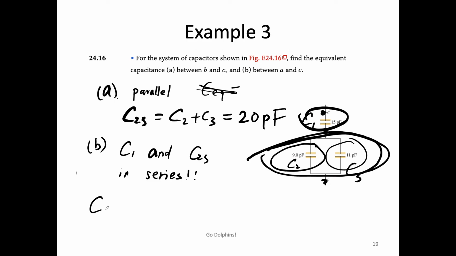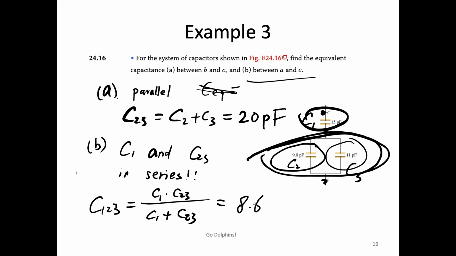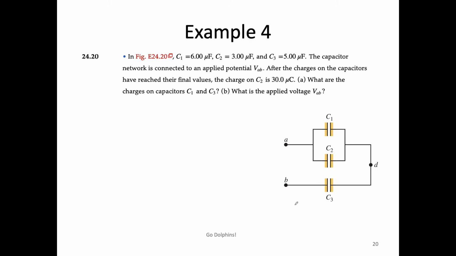So C123, which is the equivalent capacitance between A and C, is C1 times C23 over C1 plus C23. Plug in all the numbers, and we find it's 8.6 picofarad.